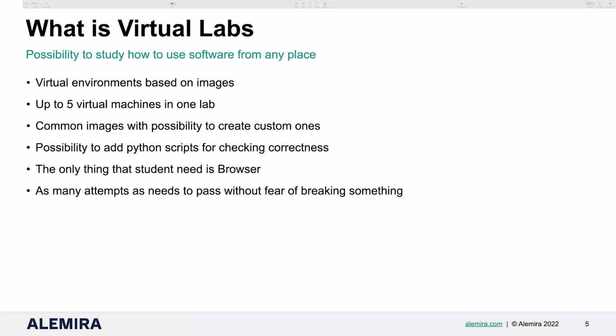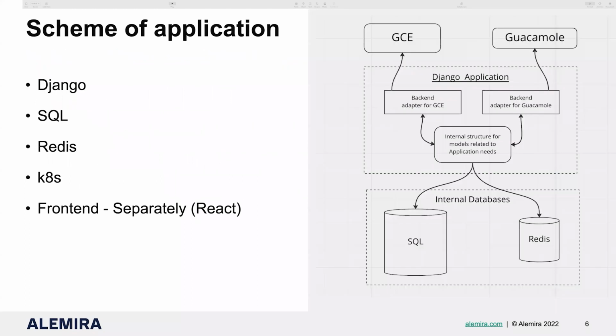So let's go to our scheme of application. In fact, our application is a Django monolith, and the stack is very common. We use Postgres as an SQL database, and Redis for caching and also for working with asynchronous tasks.